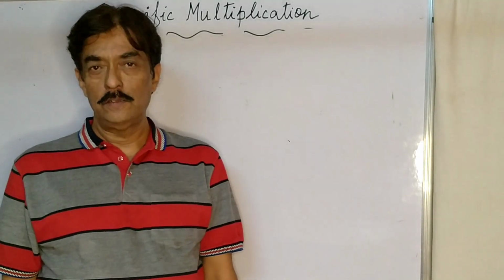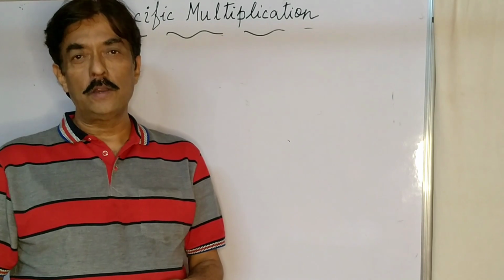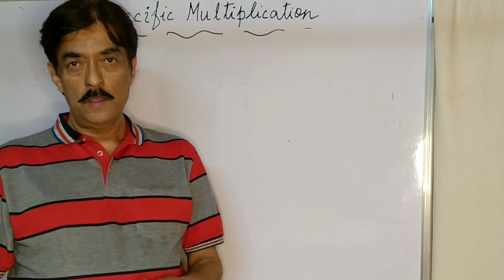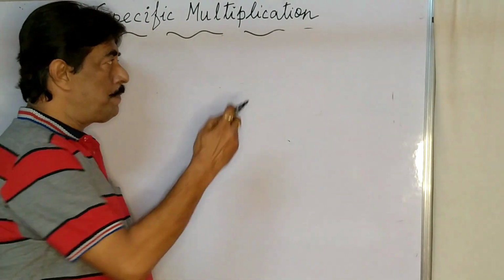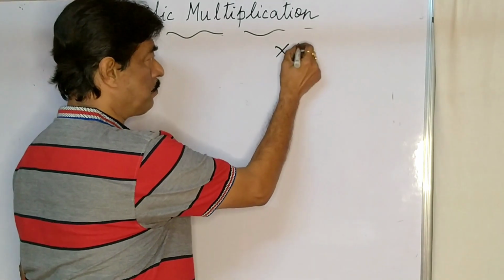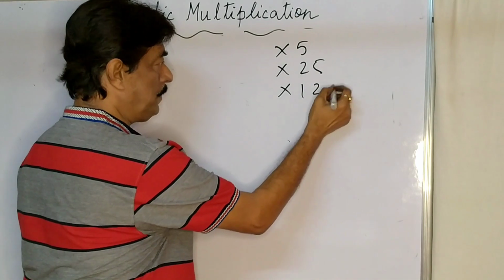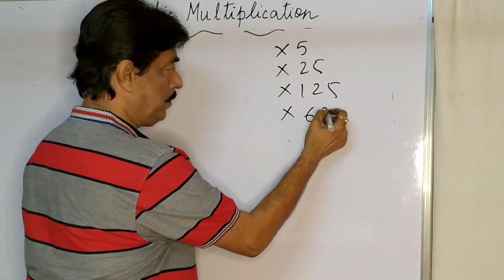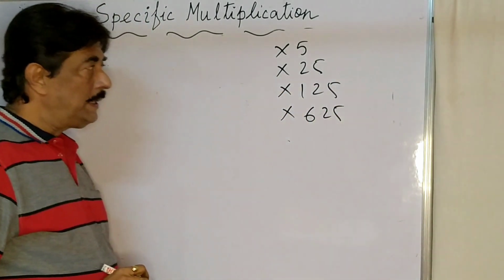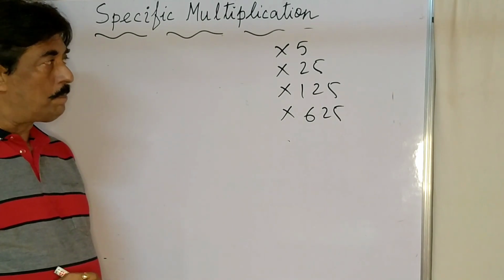Our next topic is most important for each and every examination, because we have to multiply any number by 5, by 25, by 125, by 625. Now the examiner most likely gives a number ending in 5.